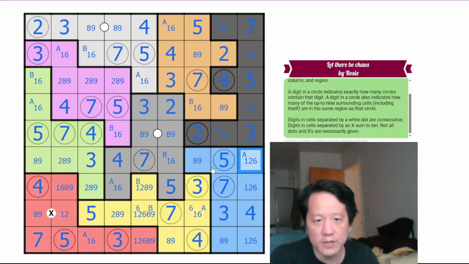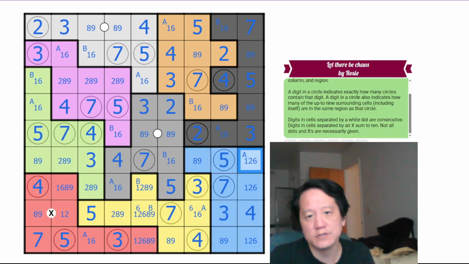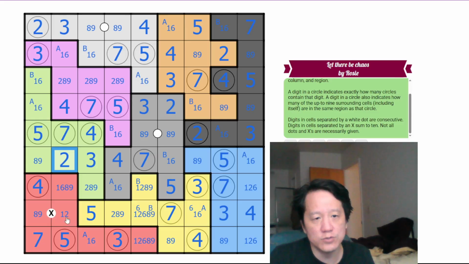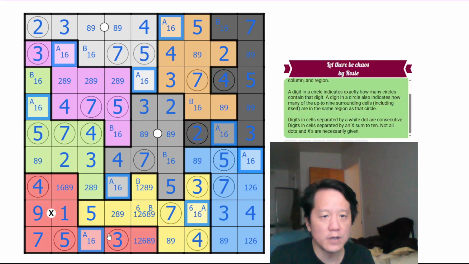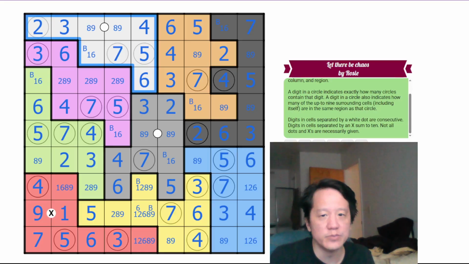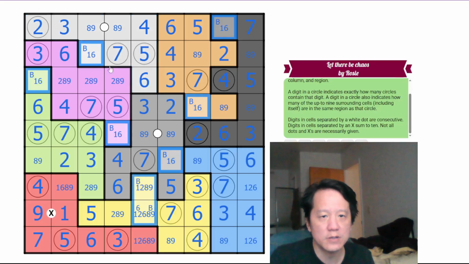So this is A. We have 8, 9 pair here anyways. So that eliminates 8 and 9 here. So that's 2, which means this can't be 2. It's 1 and 9. So A has to be a 6. And B has to be a 1. So it cannot be here.